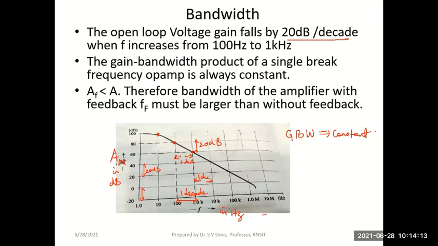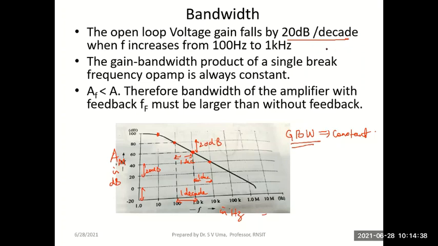If I take the gain at this point and the bandwidth, whatever product I'll get, if I find the gain at a different point and the bandwidth, I should get the same value. So wherever on this curve you find the product of gain into bandwidth, it should remain the same. Okay. For any amplifier that is true.